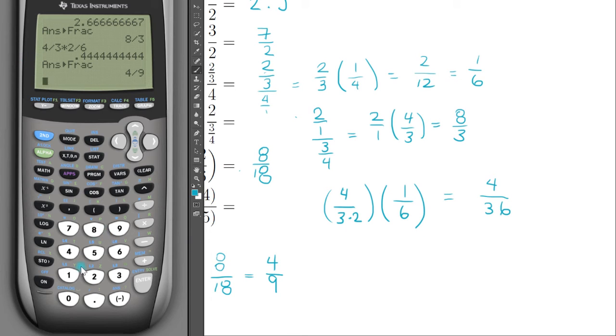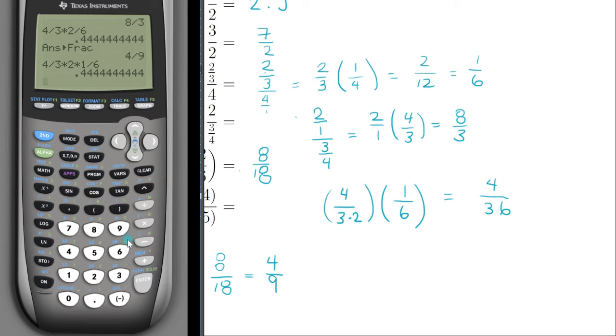If I try to put this in the calculator, 4 divided by 3 times 2 times 1 divided by 6, I still get 4/9, which is not the same thing. Okay, clearly it's not. So this is a case where you do need to use parentheses.